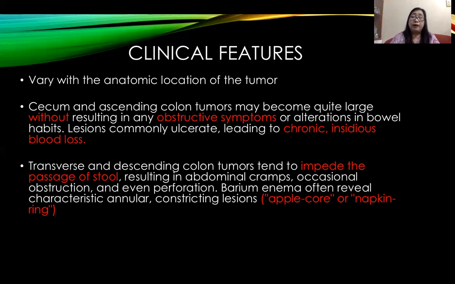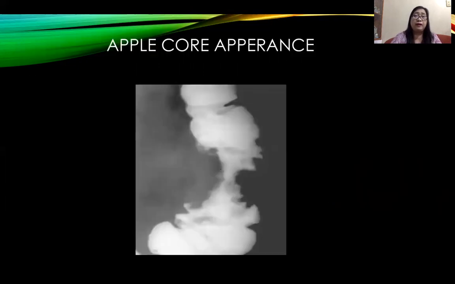Okay, your barium enema often reveals characteristic annular constricting lesion, which is the apple core or napkin ring appearance by barium enema. So this is the apple core appearance of your barium enema.